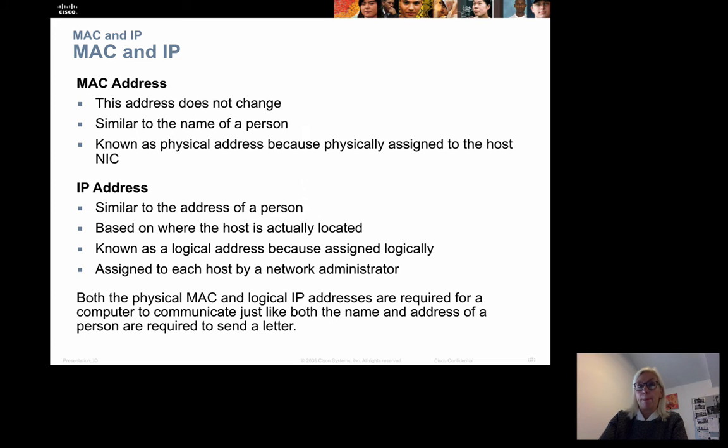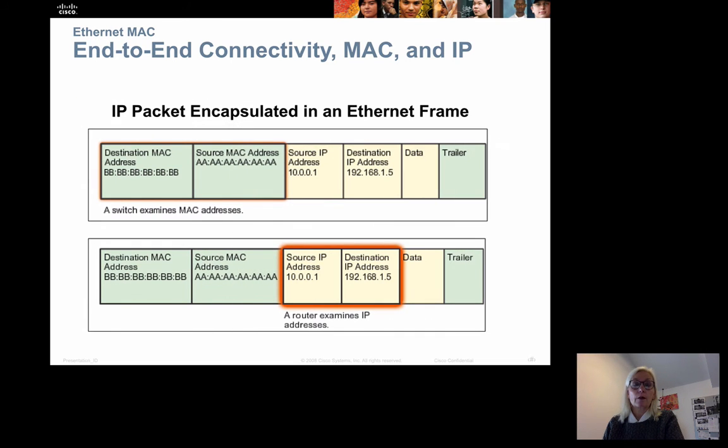So when we send something, the MAC address, the Ethernet address, and the IP address are put into different layers. Here we have the MAC address on the data link layer, where we have the destination MAC and the source MAC. And then of course on the network layer we have the source IP and the destination IP.